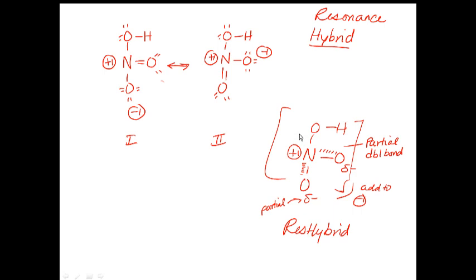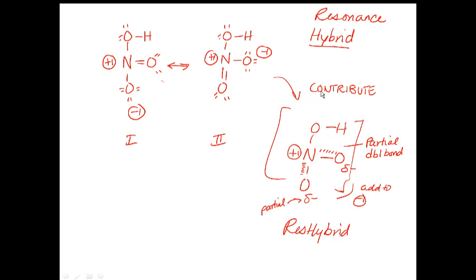I only care about the resonance hybrid, the true structure. But we do have to worry about these two structures, because we're going to find that one of the structures may contribute. And that's the term we use. It may contribute more to the formation of the resonance hybrid.